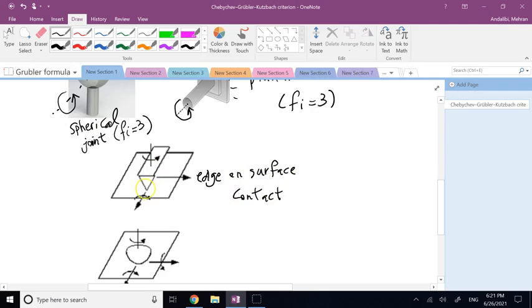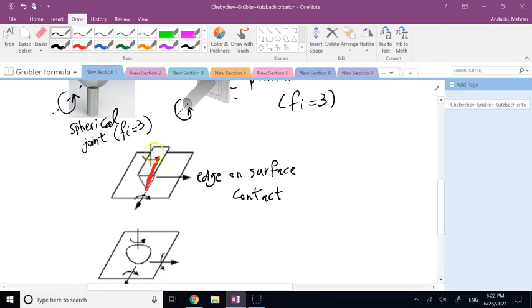So here there is this edge down below. If you can draw this thing a little bit better maybe. Then there is this edge at the bottom, this one. And this edge is going to keep its contact with the bottom surface all the times.